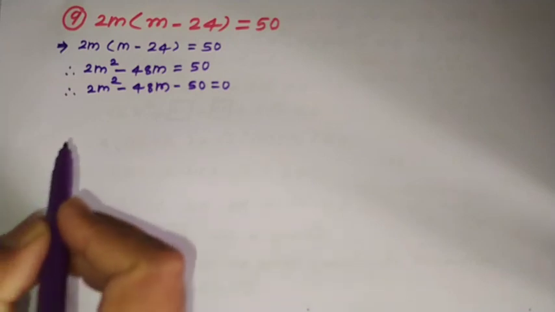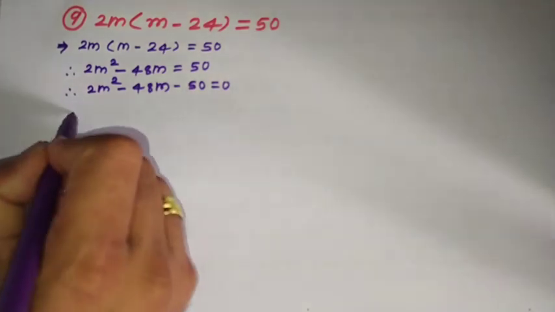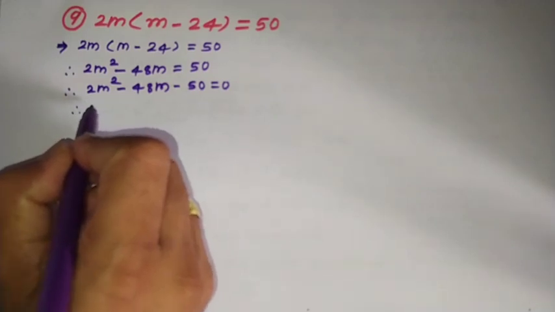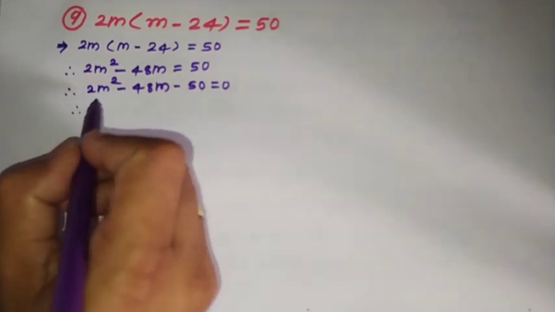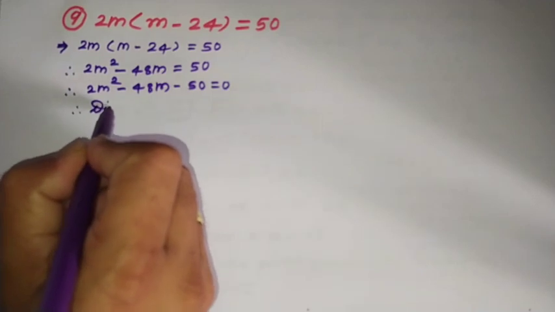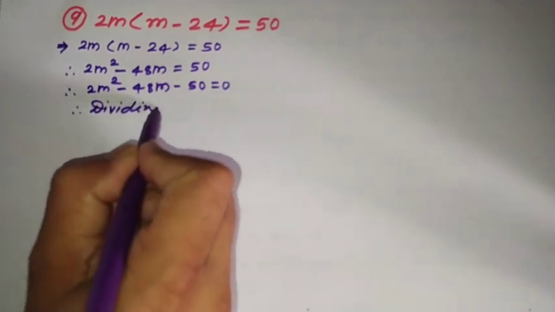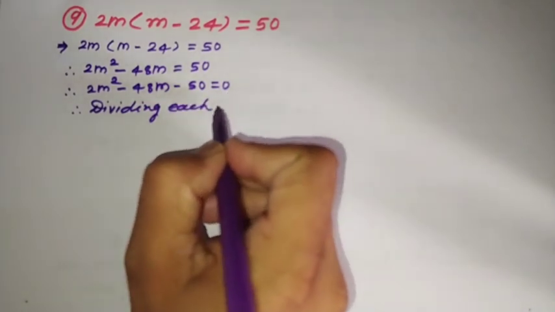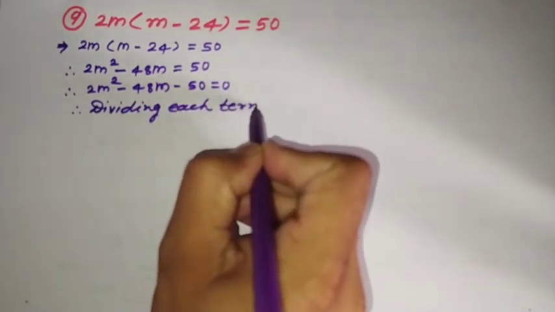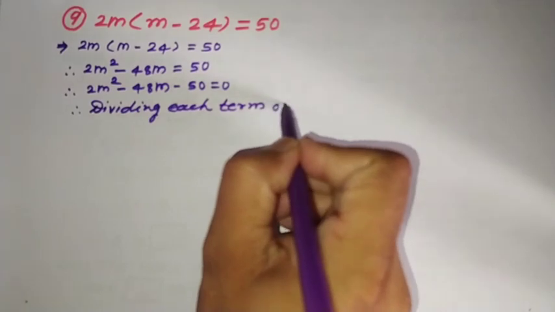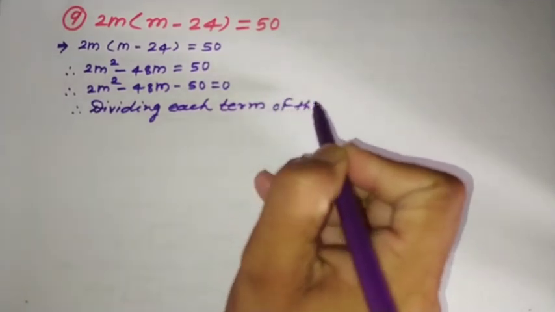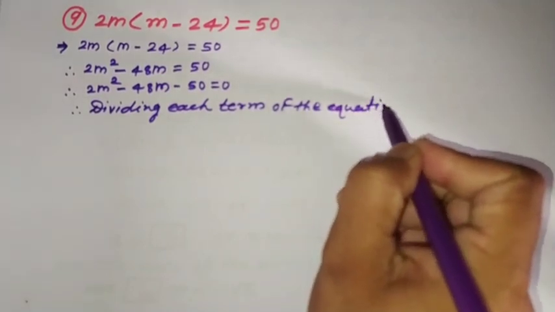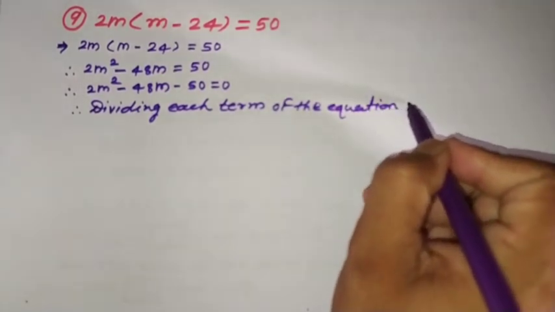Dividing each term of the equation by 2.